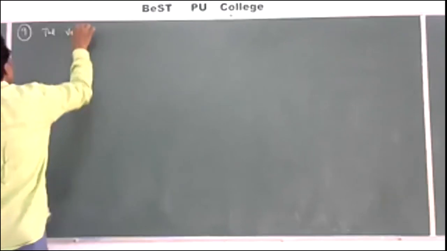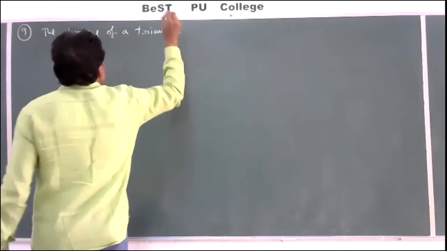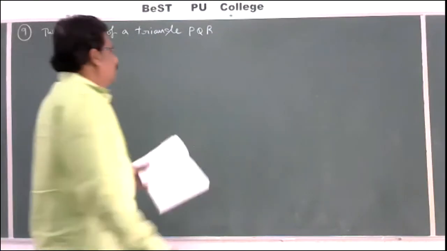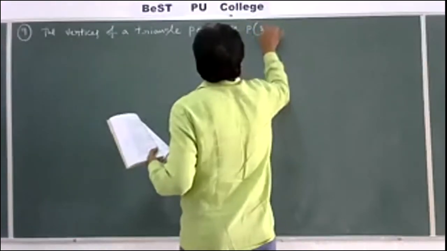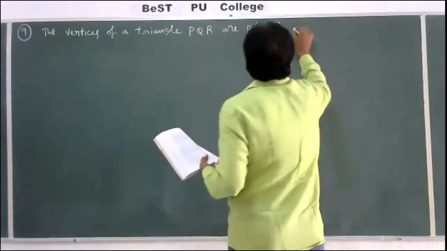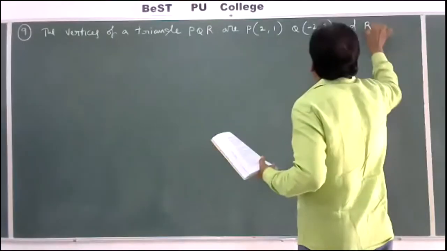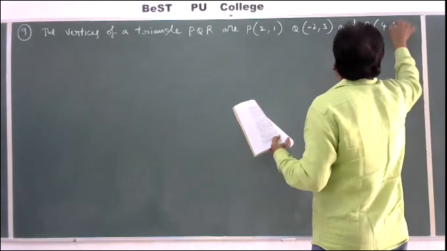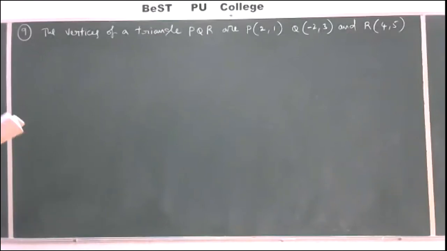The vertices of a triangle PQR are P 2, 1, Q minus 2, 3 and R 4, 5.